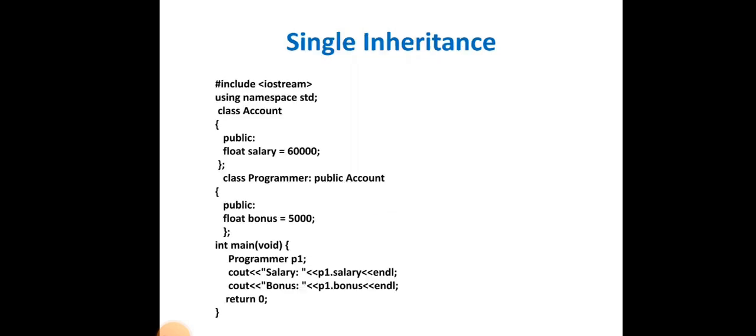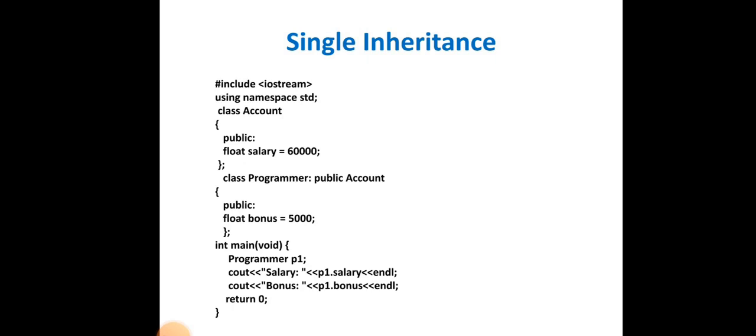For example, here we suppose to have two classes, class Account and class Programmer. Class Account is the base class and class Programmer is the derived class. Inside class Account, under the public access specifier, we declare a float variable with the value of 60,000.